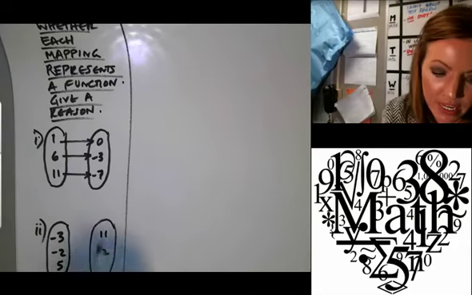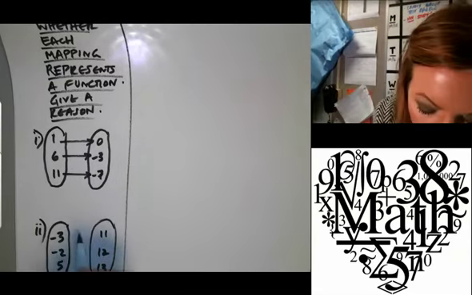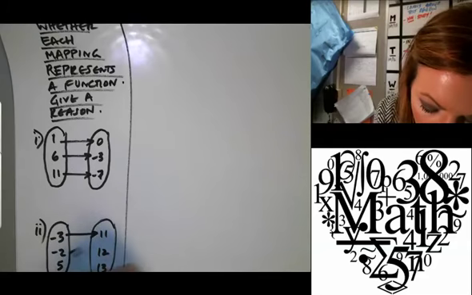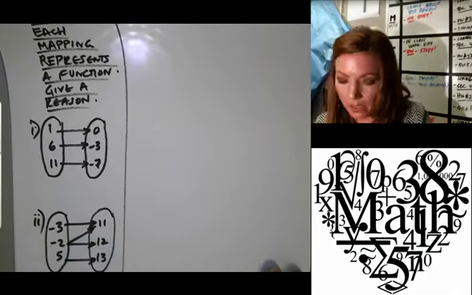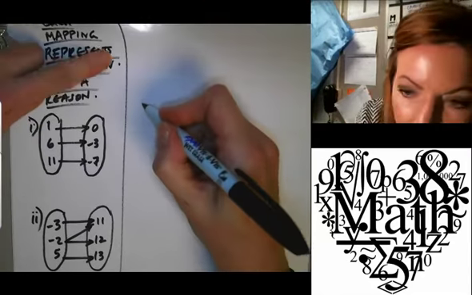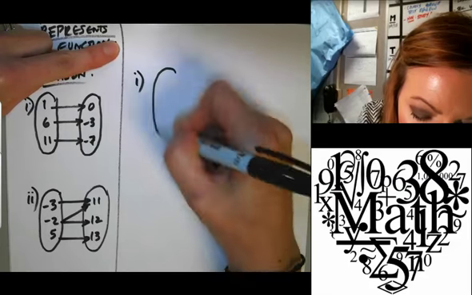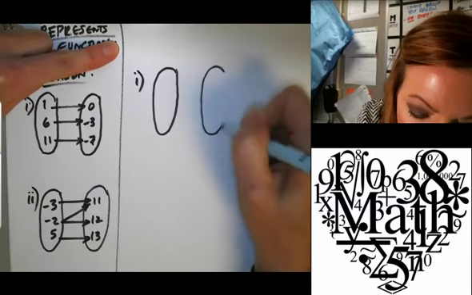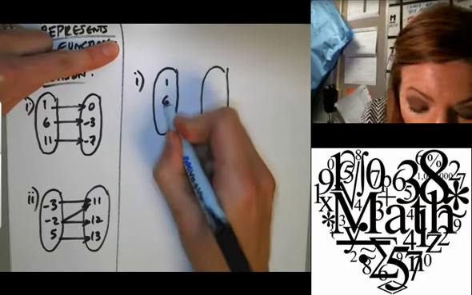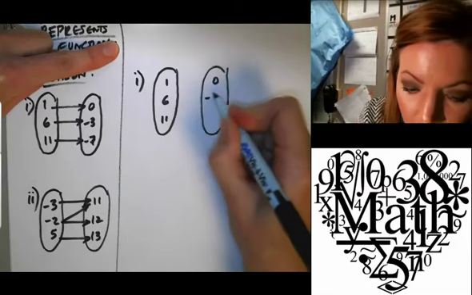Yes, it's a -7. Okay, now let's draw some arrows. Let me copy these on the right-hand side, and then we'll work through them. We want to figure out which of these represents a function and which does not. Or maybe they both do, or maybe they both don't. I don't know, we'll find out.